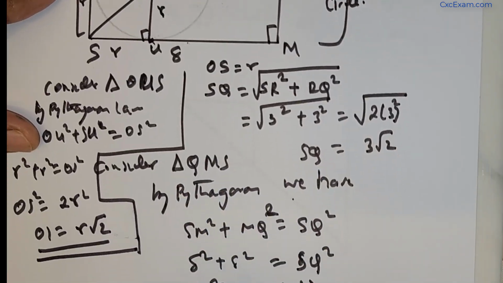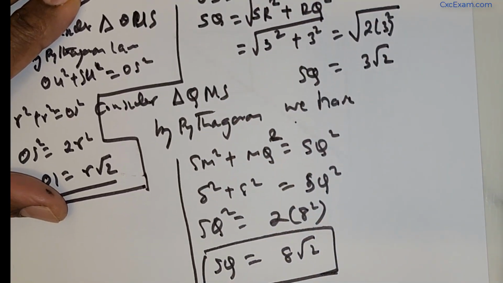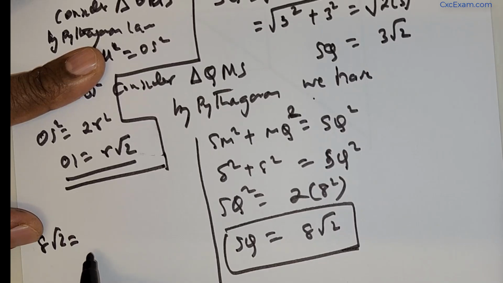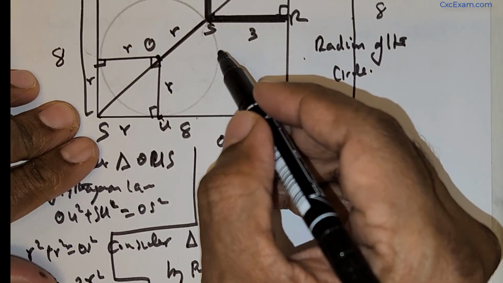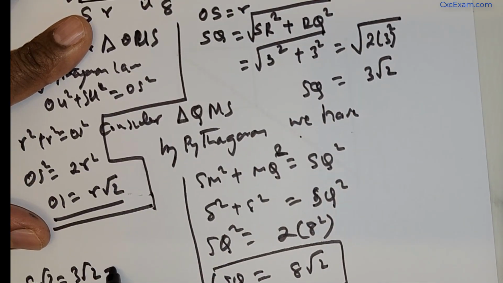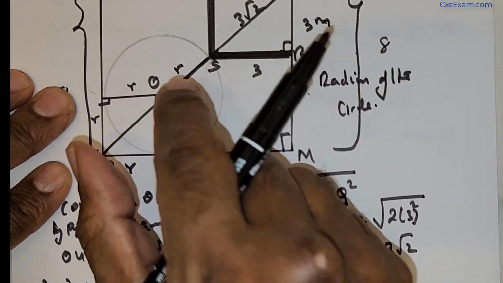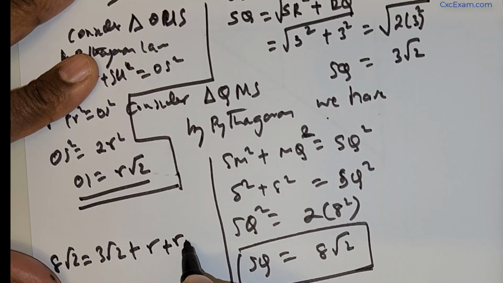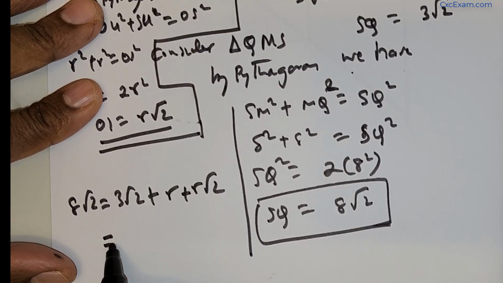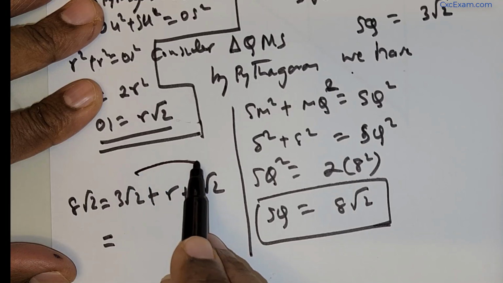So now what I'm going to do is I'm going to combine all these things. So the entire diagonal is going to be equal to 8 times root 2, which is equal to this length 3 times root 2, this length which is R, and this entire length which is going to be R root 2. Okay, so I can add these together.